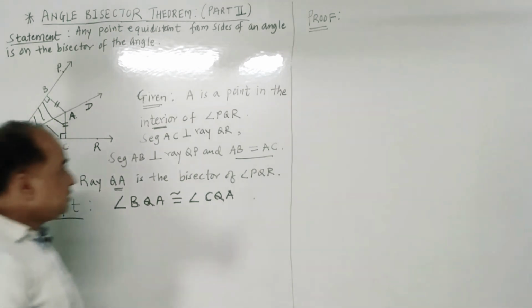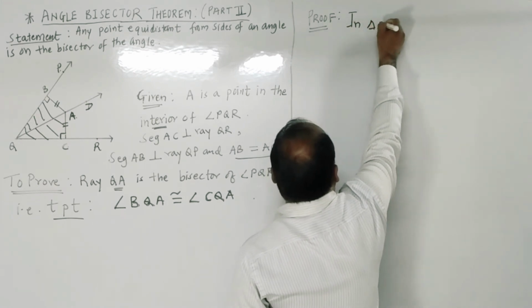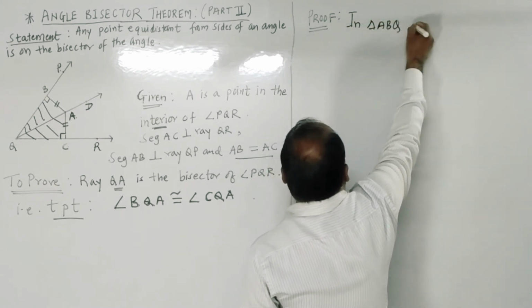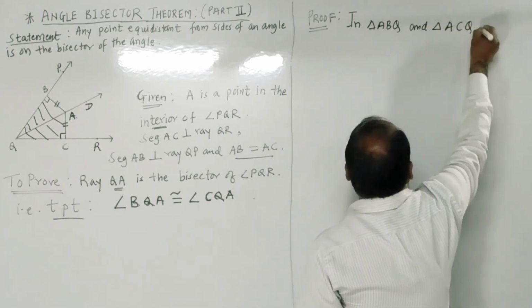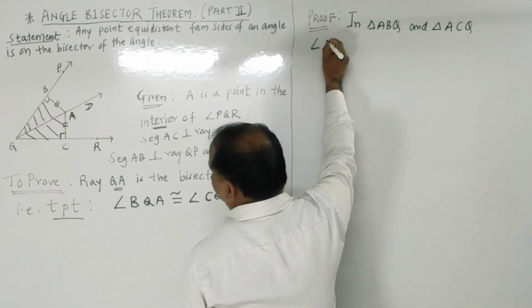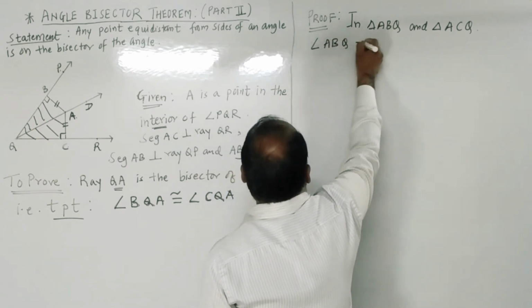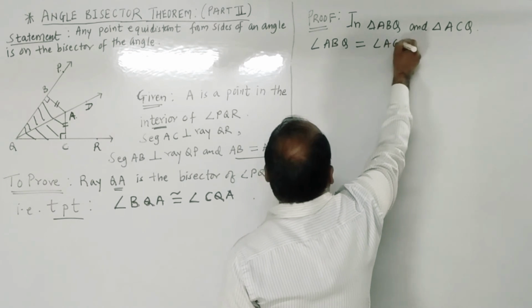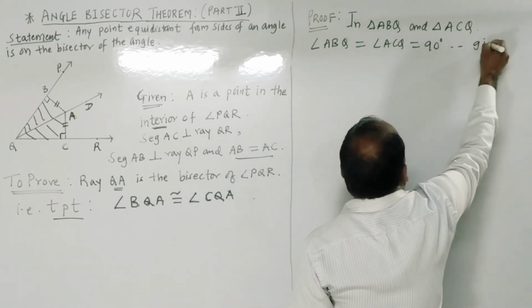So in triangle ABQ and triangle ACQ, angle ABQ is equal to angle ACQ, equal to 90 degrees. It is given.